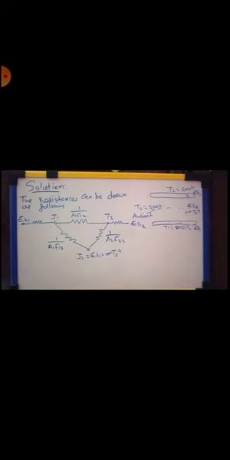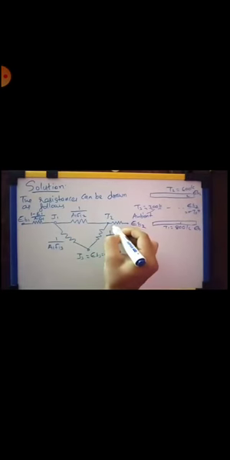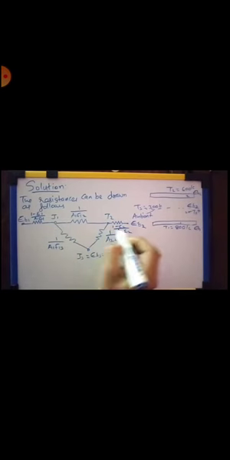Okay, this is the concept, and in between there are surface resistances 1 minus epsilon 1 divided by A1 epsilon 1 and 1 minus epsilon 2 divided by A2 epsilon 2.